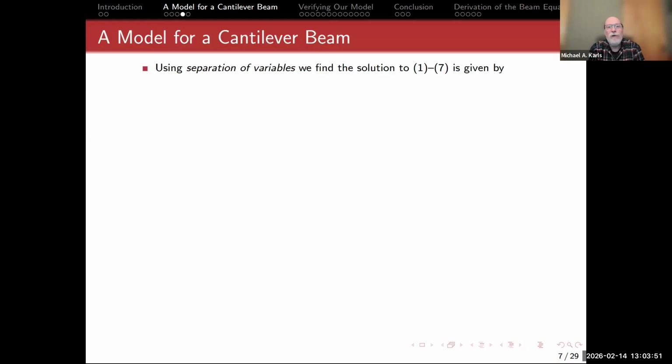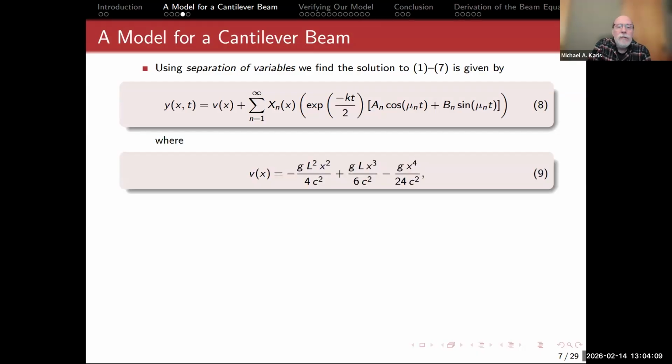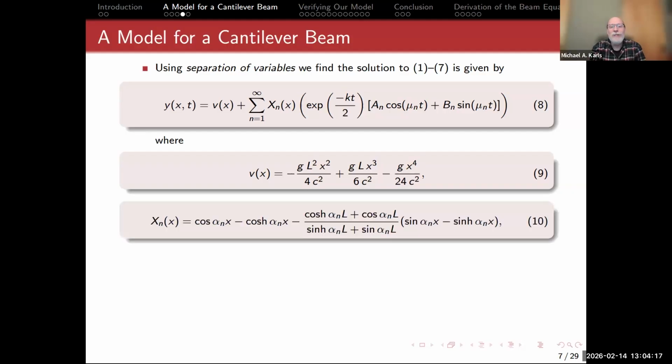Okay, so if you use separation of variables, then you can find a solution to this initial value boundary value problem 1 through 7, given by this expression here, 8. So we've got a function v, which I'll show you in a minute, times this sum. And so here's the v function, and that involves g and c and L. And here's the X sub n's.